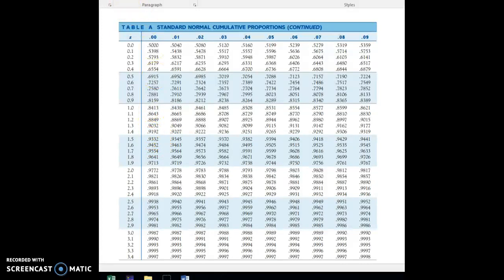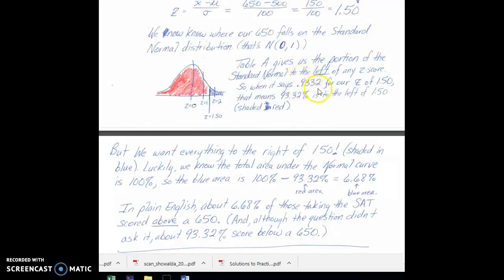So what does that mean? That 0.9332 that we get when we look up the 1.5 on the chart, or if we want to say it in a percent, we can shift the decimal over 2 to the right and get 93.32%. So 93.32% of this normal distribution is below a z-score of 1.5.